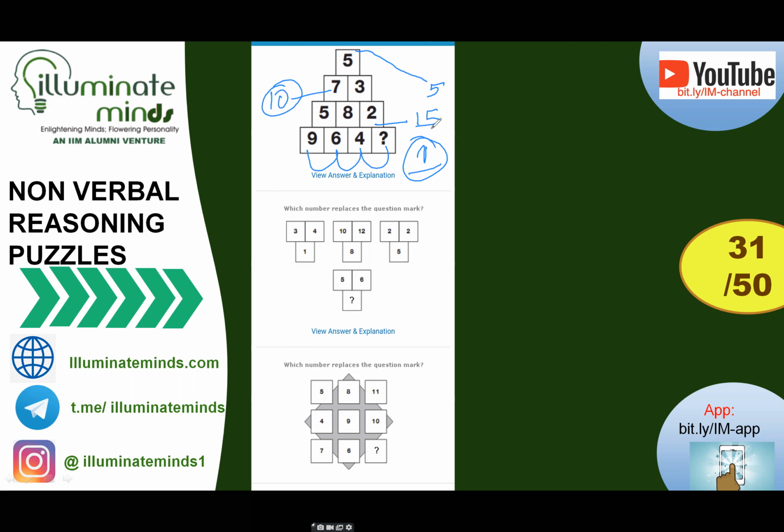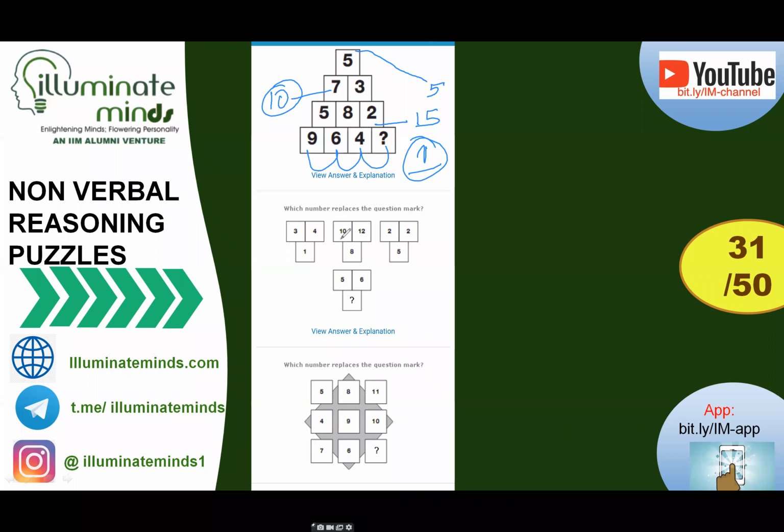What about the second question, guys? The numbers in the squares of the top middle figure equal the sum of the numbers in the corresponding squares of the other three figures. Isn't it?